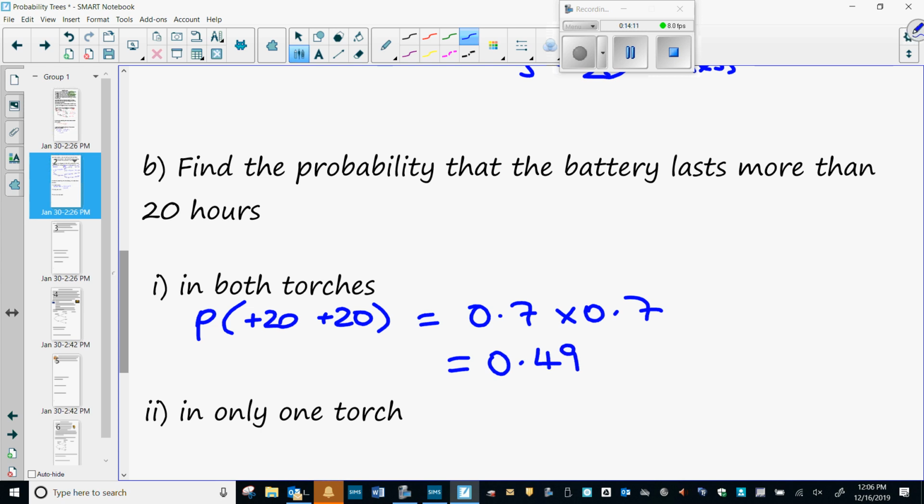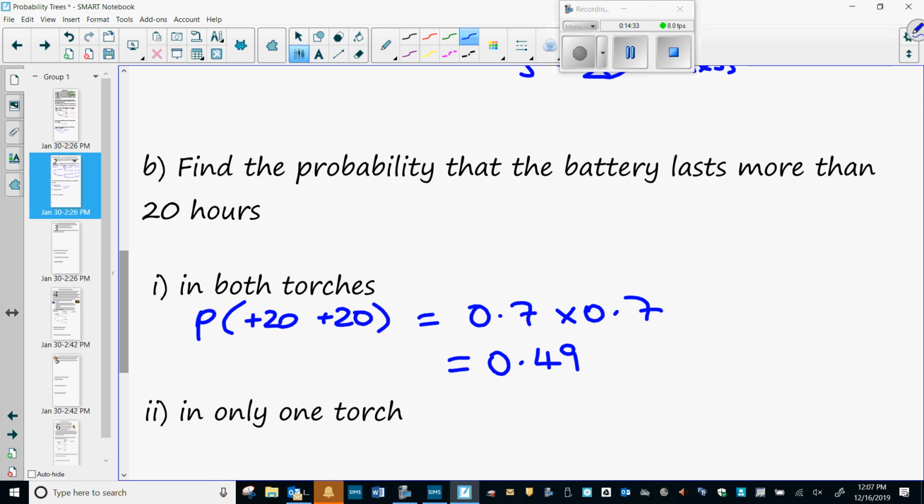So the top branches go to the plus 20, plus 20. And the probabilities on those branches are 0.7, both of them.